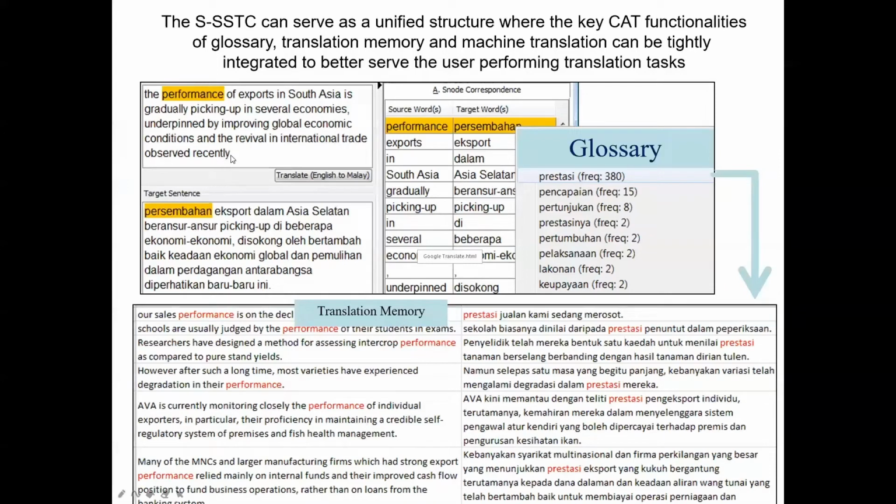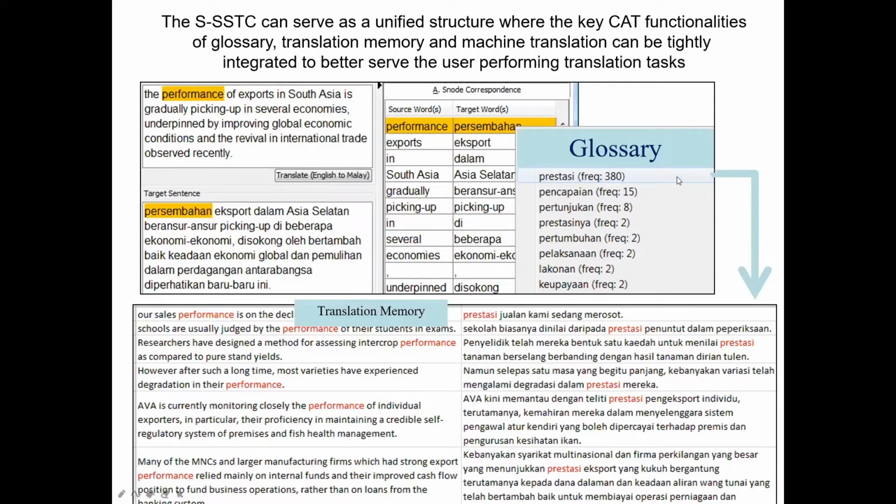Okay, so what in the past with the SiSTeC, what we try to do is to show the word alignment which has been used to generate the target sentence. And if the user finds the target equivalent is not appropriate or not accurate, they can easily look up and select from the glossary, which informs the frequency of its appearance in the parallel text.